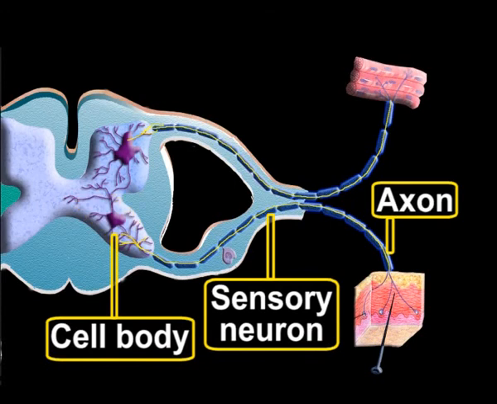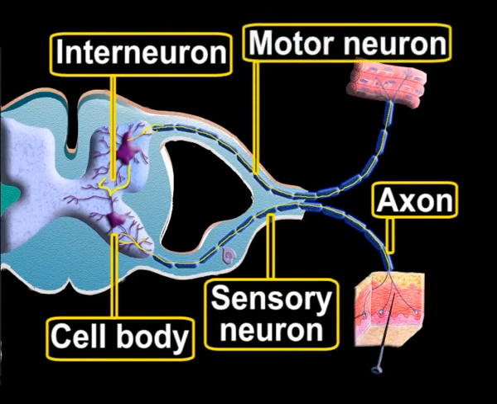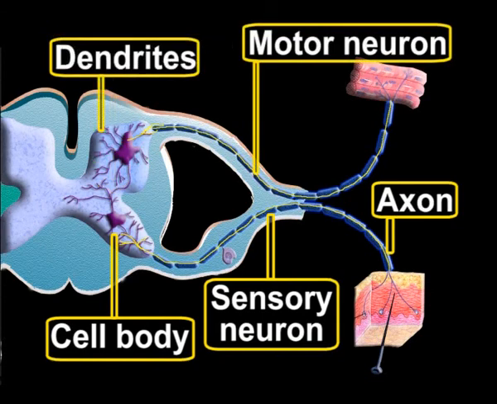The impulses then pass to an interneuron. This interneuron connects with the motor neuron. The dendrites of the motor neuron carry the impulses by the way of ventral root of the spinal nerve.